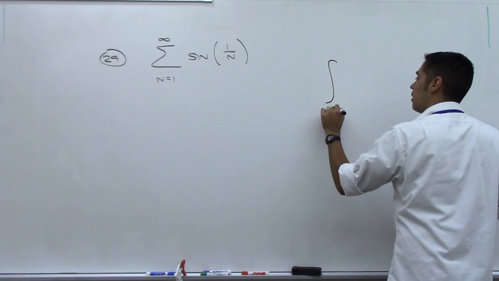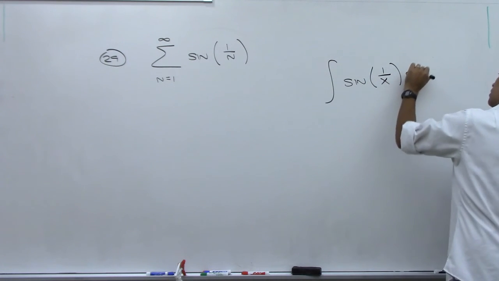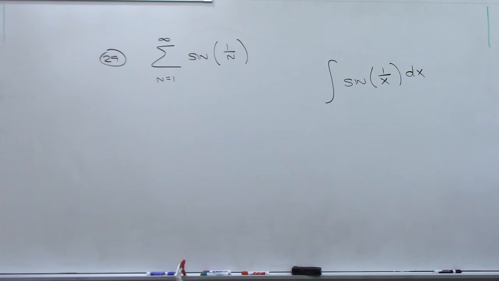Could you even integrate sine of 1 over x dx? I don't know. I don't think so. The only thing that comes to mind here is integration by parts or something like that.